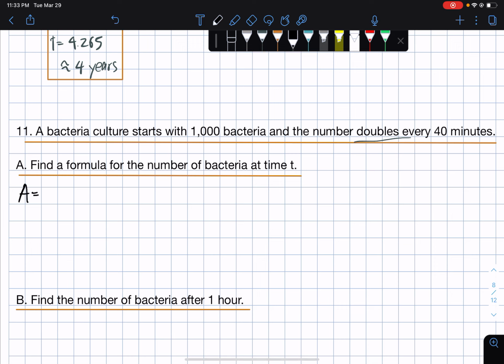Therefore, our formula is A is equal to A0 e raised to kt. So the initial amount is 1,000 bacteria. The number doubles every 40 minutes.